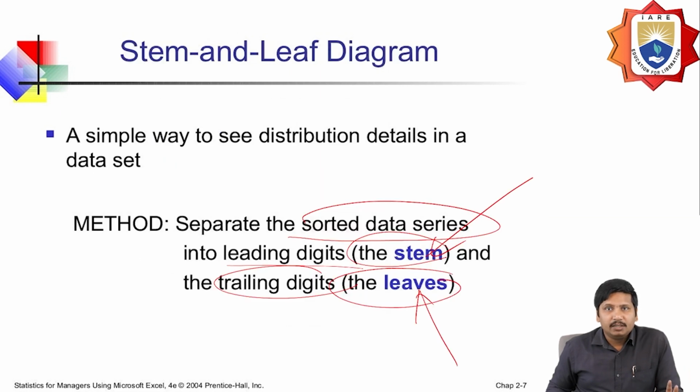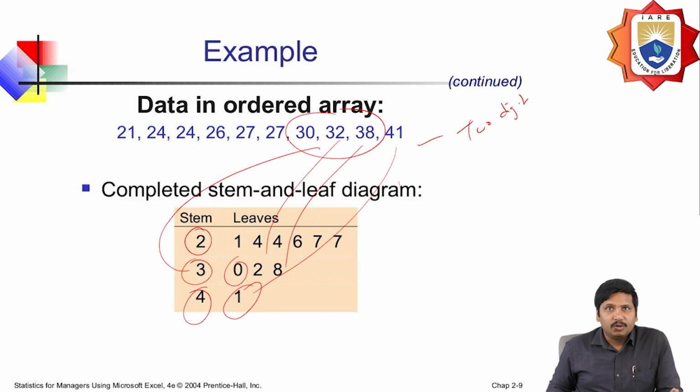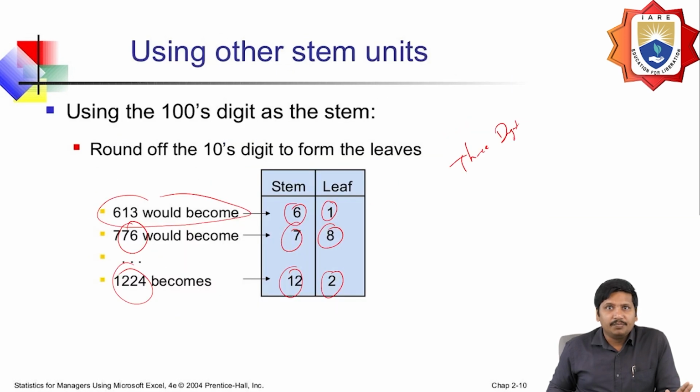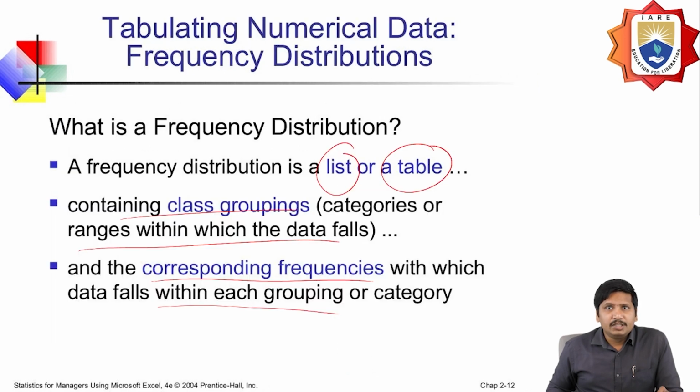Here the leading digits are considered the stem and the trailing digits are considered the leaves. By taking an example, I explained how we construct this stem and leaf diagram. Similarly, we have three-digit data, so what should be the stem and leaf diagram and frequency distribution.